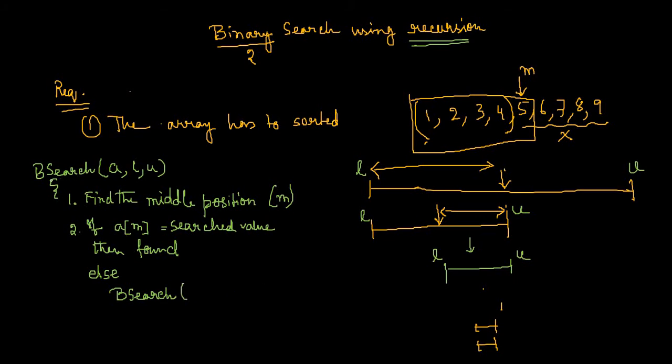This is the first clone of the B search algorithm that I am writing, and when B search is called again, a second clone is called, right? This is the array name A, so I have to keep the same array name. That is not a problem. But I have to adjust this L and U. It depends on whether A of M is greater than S or A of M is lesser than S.